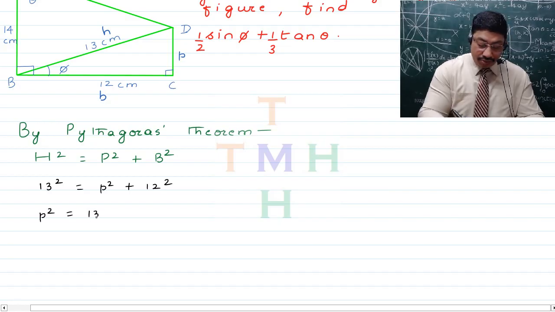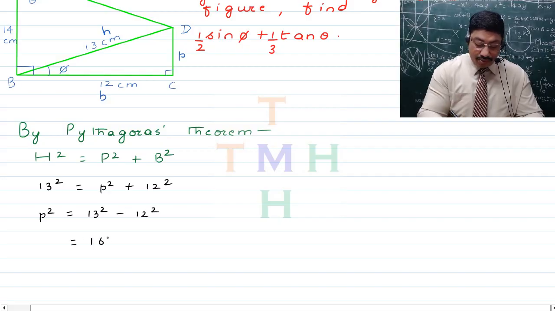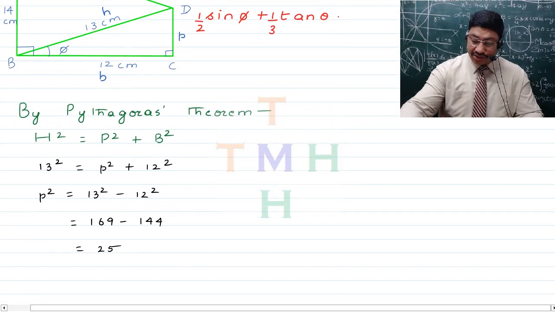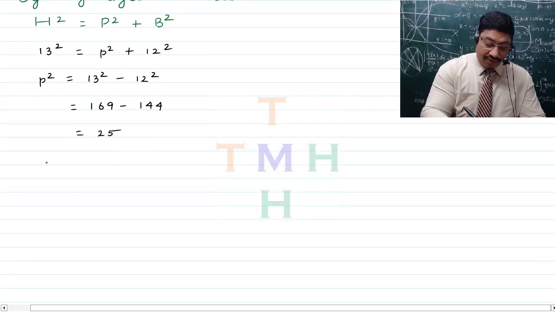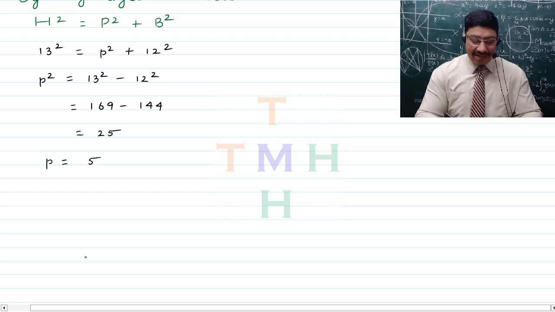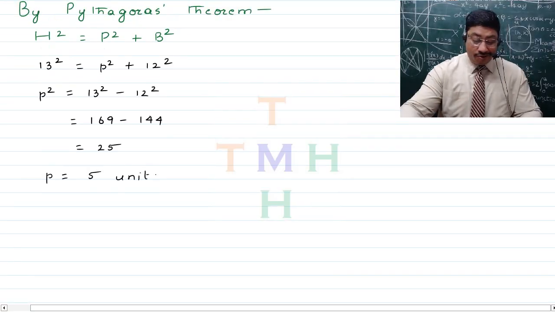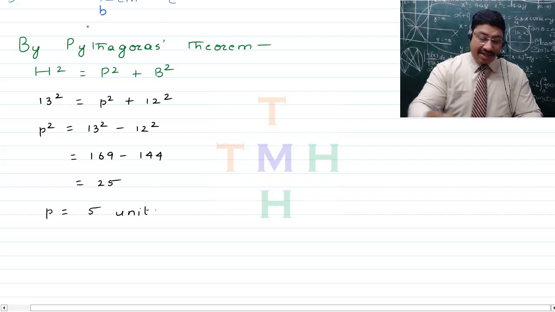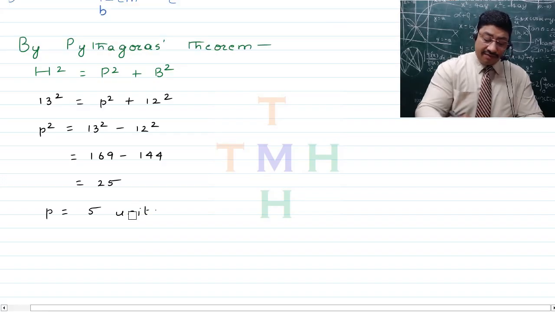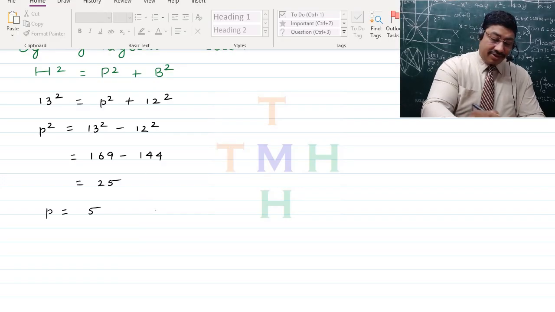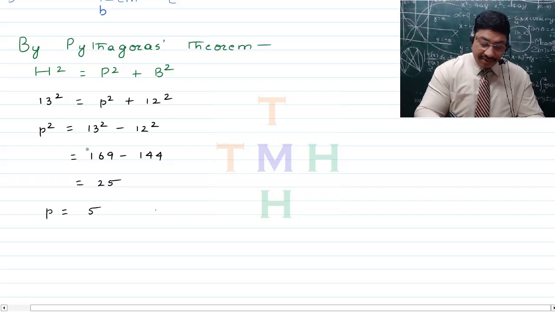Now children, further we can calculate this: perpendicular square is equal to 13 square minus 12 square. So this will become 169 minus 144. As such, this will come to 25, and as such p will become equal to 5, right? We won't take the negative value as we're talking about sides, and sides can't be negative, right? So 5 unit is going to be the length of the perpendicular, and as we've been given centimeters, this is 5 centimeter.